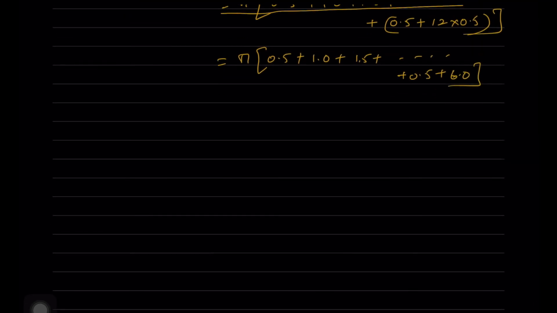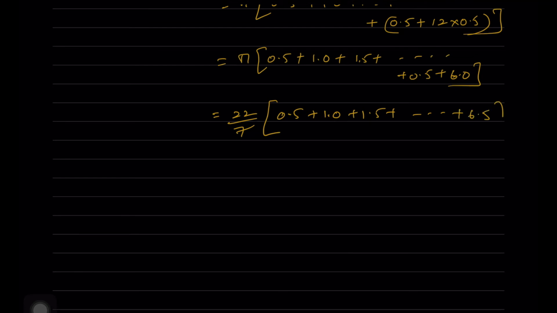So which is equal to 22 by 7 into 0.5 plus 1.0 plus 1.5 plus so on plus 6.5. So which is equal to 22 by 7 into 13 by 2 into 0.5 plus 6.5.